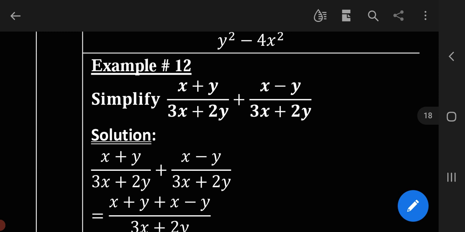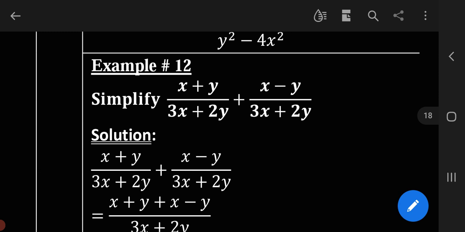The other possibility is that x plus y divided by 3x plus 2y is one algebraic fraction, and on the right side we have another algebraic fraction. If in between them there is a division operation, what method should be adopted in order to solve this question?